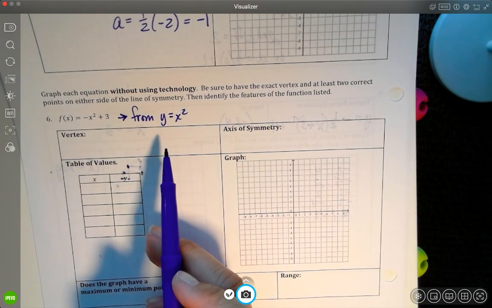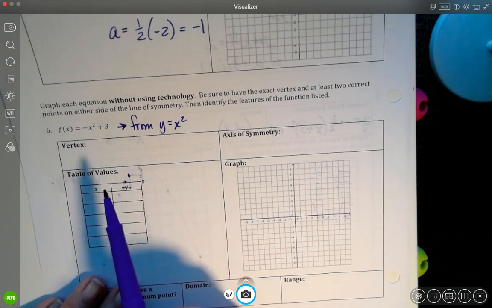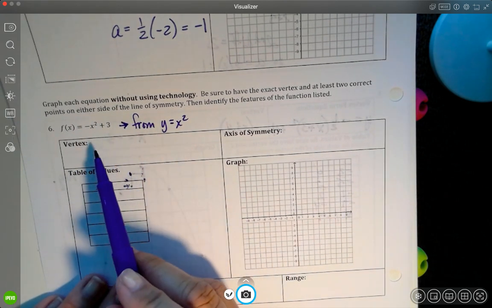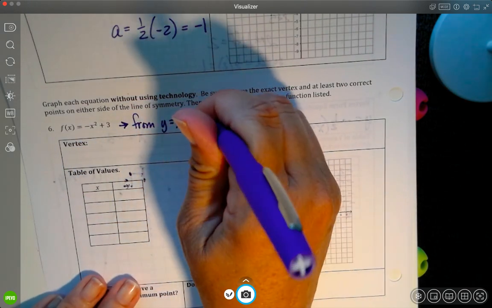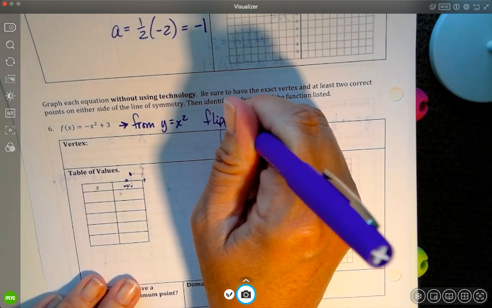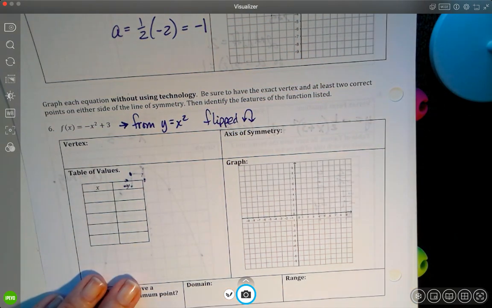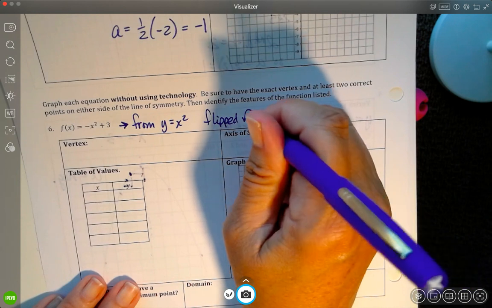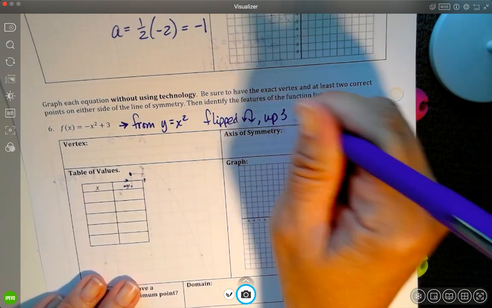What is added or taken away or changed? Well, notice that it has a negative, so that means it's flipped. And this +3 means it's shifted up 3.